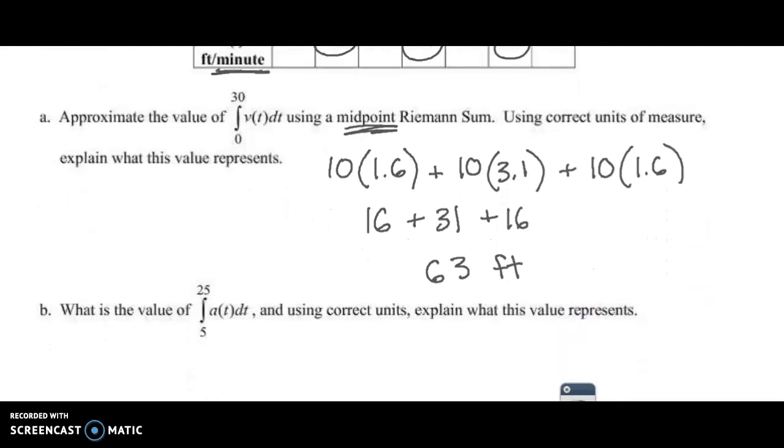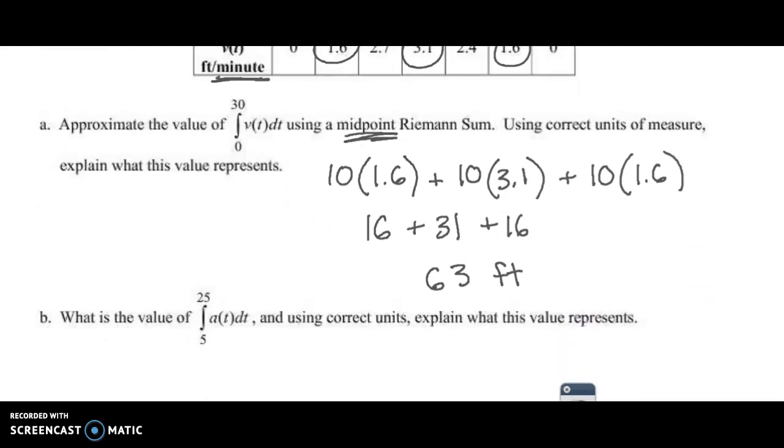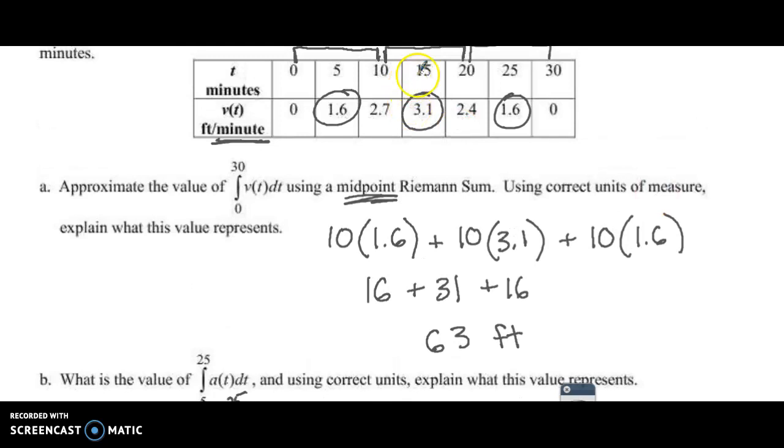So as I move on to the next one, just think of it this way, as the integral from 5 to 25 of a of t dt is going to represent b of 25 minus b of 5. So as we look at b of 25 is 1.6 and b of 5 is 1.6.